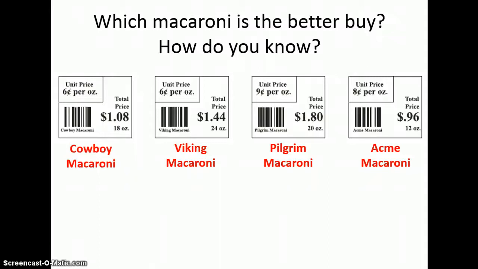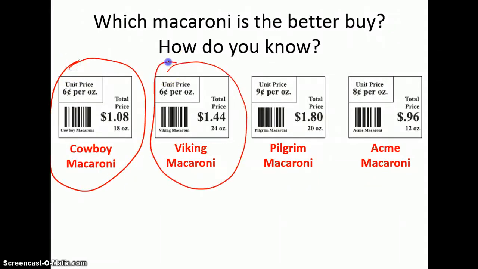The correct answer to this problem, there are actually two of them, is cowboy macaroni and Viking macaroni. The reason why is I looked at the unit price. They were both 6 cents per ounce. It's the same amount, so it doesn't matter which of those two I buy, I'm paying the same amount per ounce.